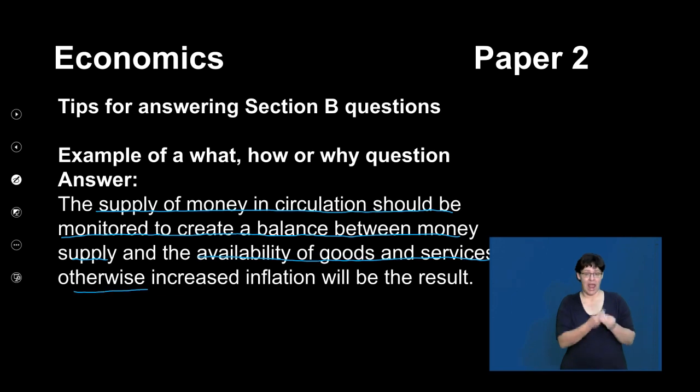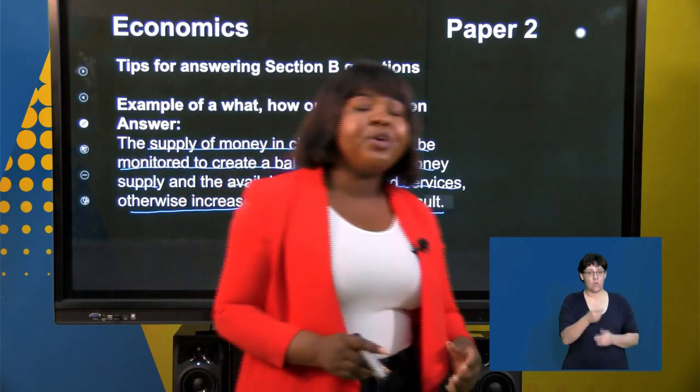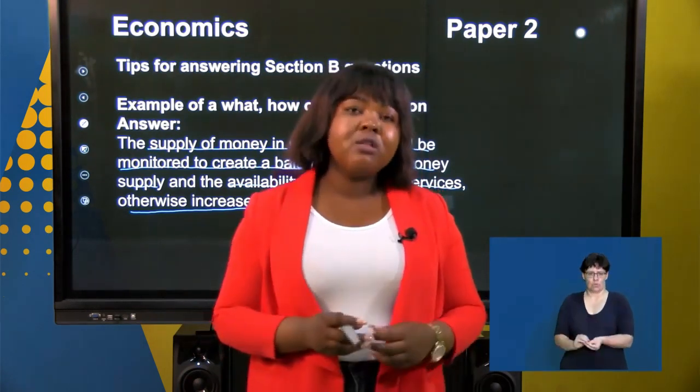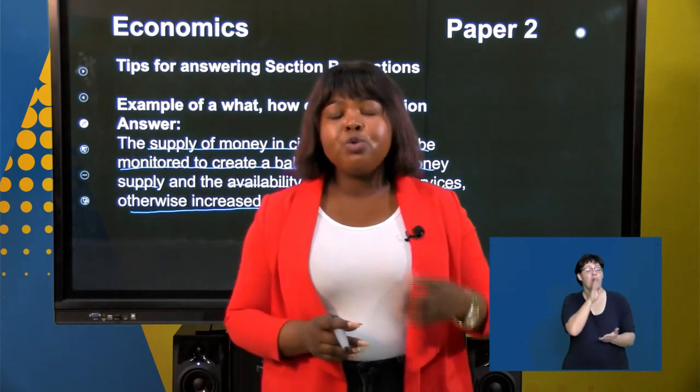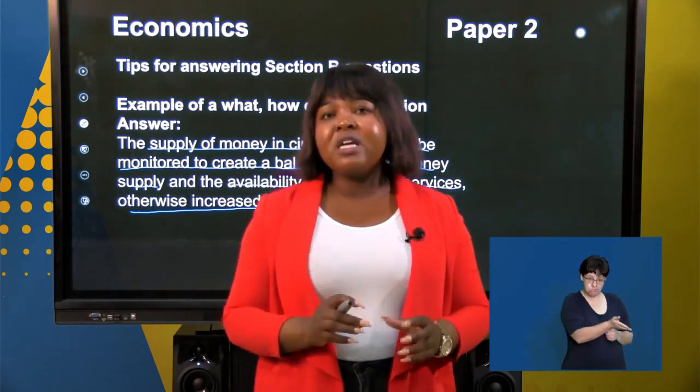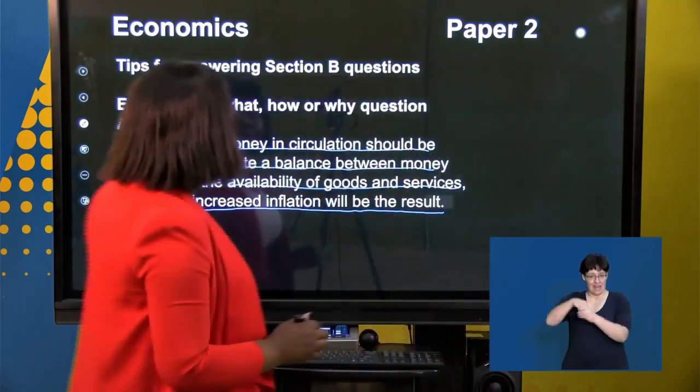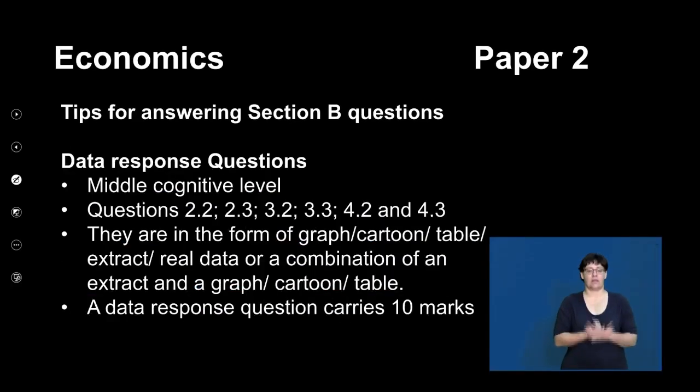Otherwise, increased inflation would be the result. Remember, boys and girls, when we've got too much money chasing too few goods, that results in inflation. So we need to ensure that the amount of money that is in circulation can match the available goods in the economy.